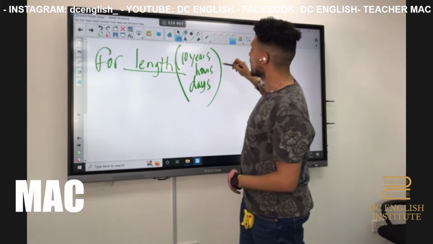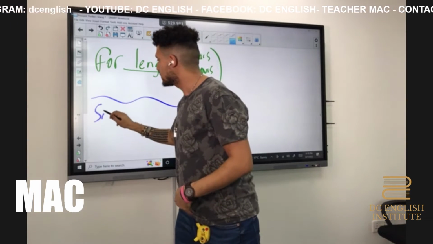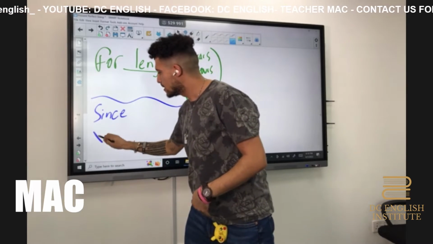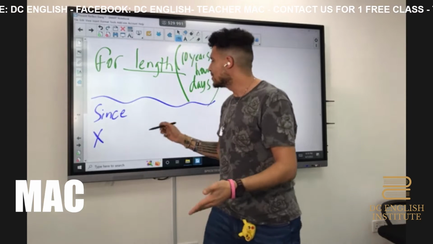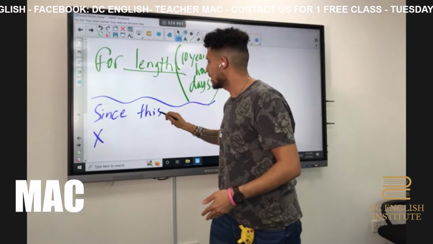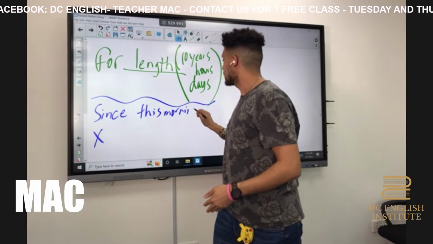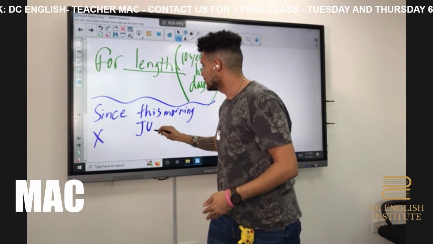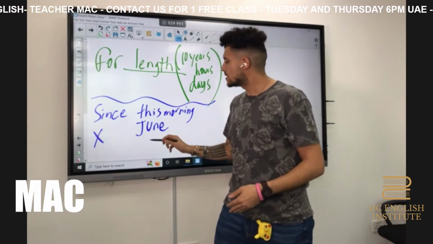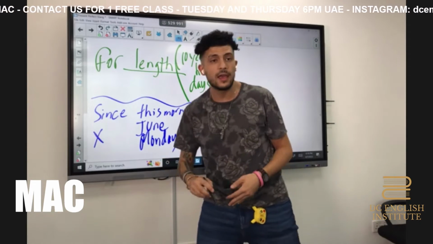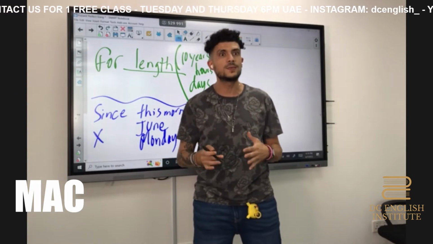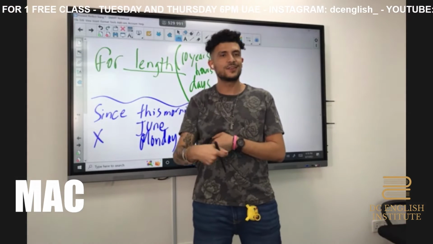And then you have since. Since is just to give me the time where it started, the beginning. So since this morning, as I gave you in the example, or for example, since June, since Monday, and so on. So you'll use a lot of this because you're connecting from the past until now.